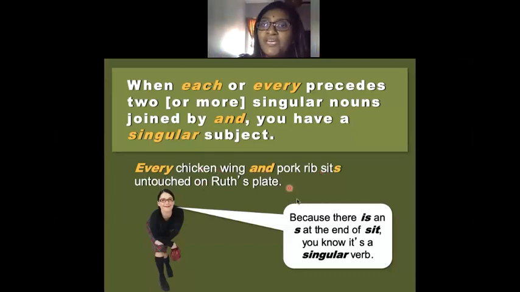Every chicken wing and pork rib. So they are referring to the word every here. So every means each one. So you have to use a singular verb, because it's referring to a singular subject, or a singular noun. So when you see the word each or every, remember the verb that comes after the noun or the subject is a singular verb.